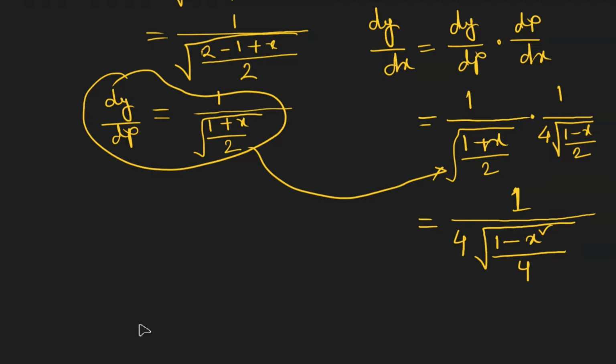Okay, so what you can write down here is 1 over 4, and when it is coming out from the square root, we can write 2, and here will be 1 minus x square, right?